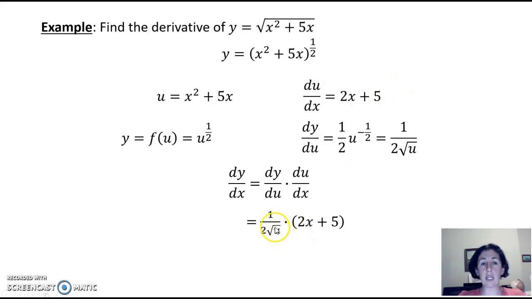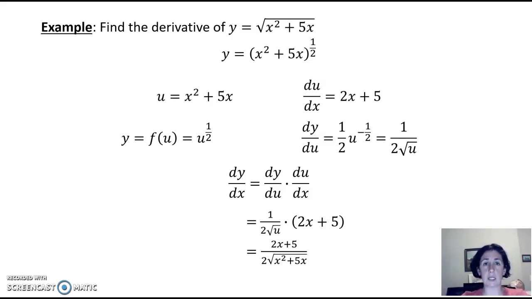Good thing is we know that u is x squared plus 5x. So when I simplify this together, I can bring this 2x plus 5 up top, replace what my u is, and the derivative of the square root of x squared plus 5x is 2x plus 5 all over 2 times the square root of x squared plus 5x.